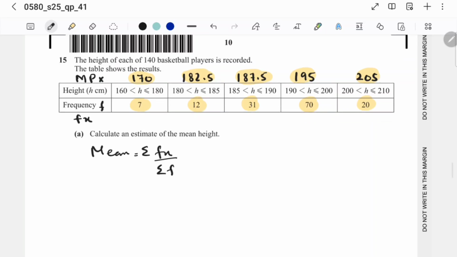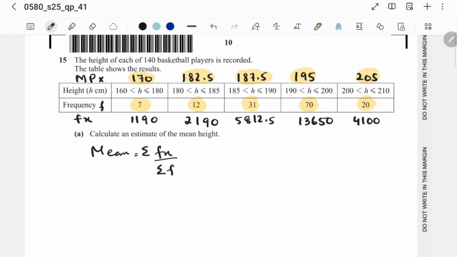Okay, 170 times 7 is 1190, and 182.5 times 12 is 2190. 187.5 times 31 is 5812.5. 195 times 70 is 13,650, and 205 times 20 is 4100.